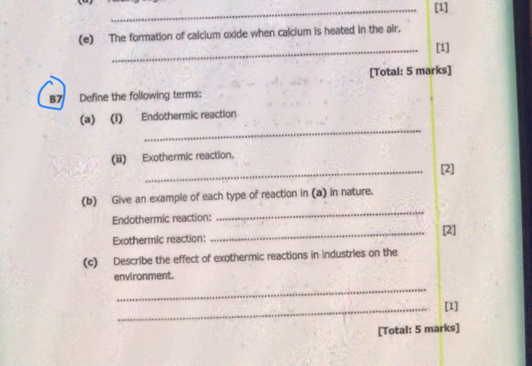Okay, so we're saying an endothermic reaction is a type of reaction where reactants absorb heat. That's one thing you need to know. What absorbs heat is not a product, but the reactant.